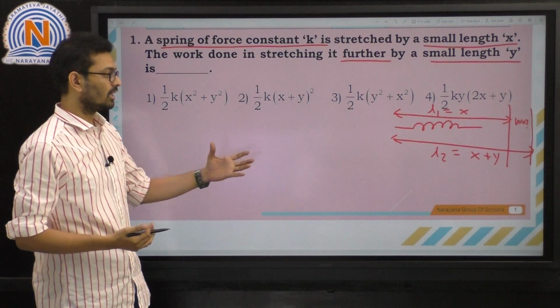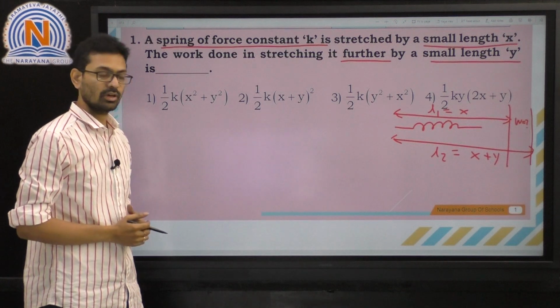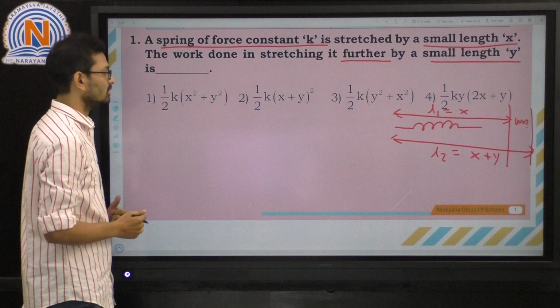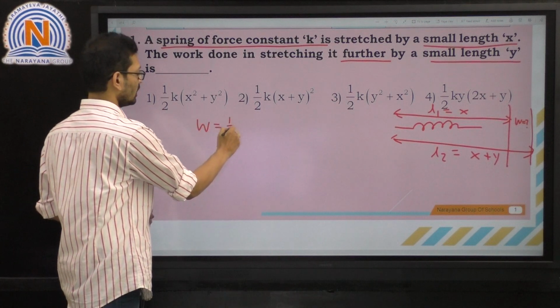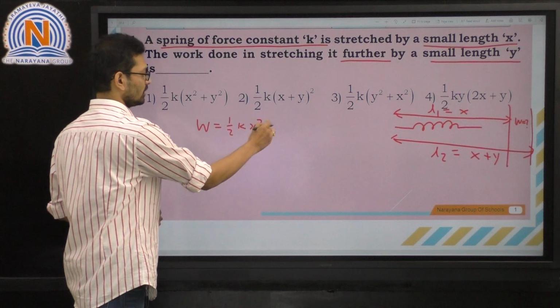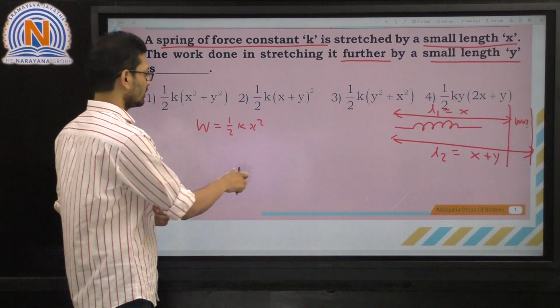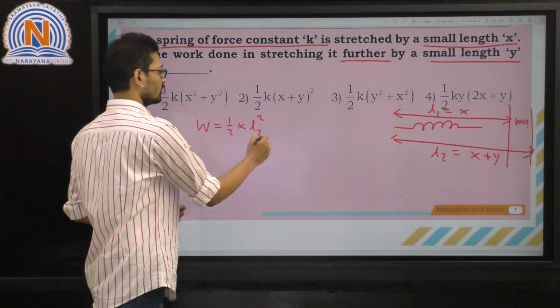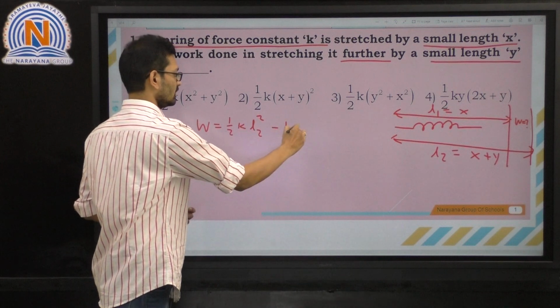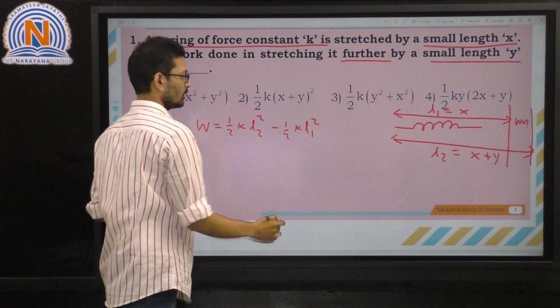Now when you want to find the work done at that particular point, the work done by the spring is W equals half K x squared. Instead of this x squared, I will be writing half K L2 squared minus half K L1 squared.